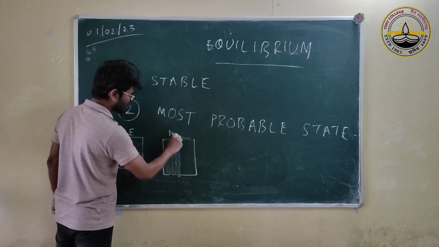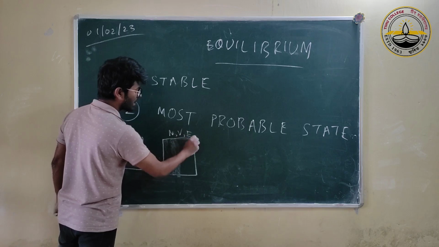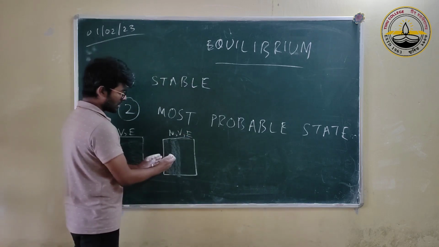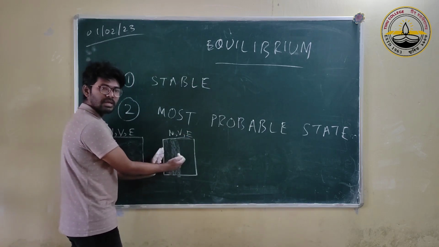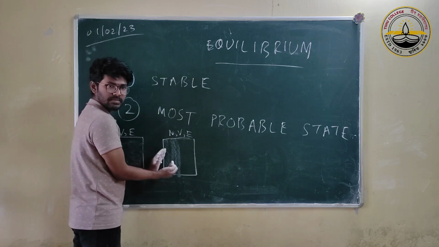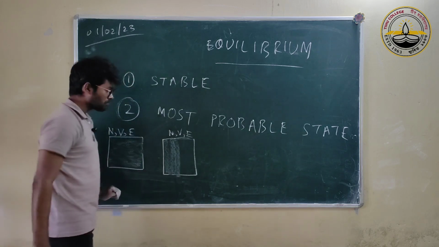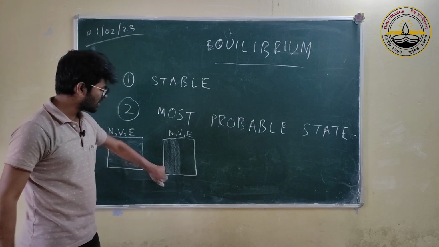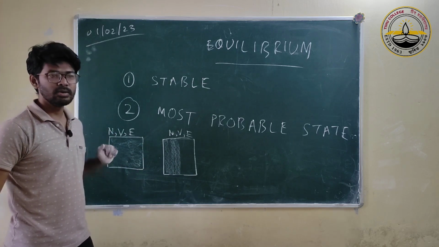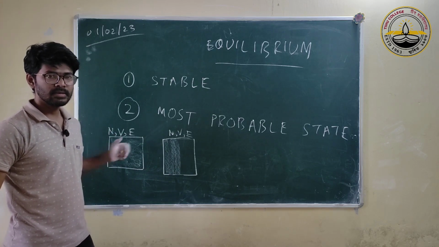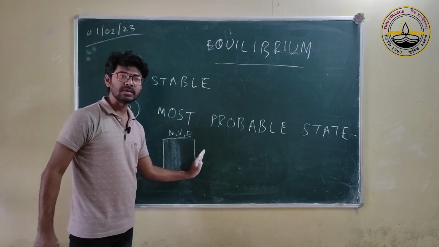This still has N number of particles, V volume, and total energy is E. But here, all the gas particles are on the left half of the box. Okay? Now this state is not really equilibrium. We know that. Soon they will start diffusing.